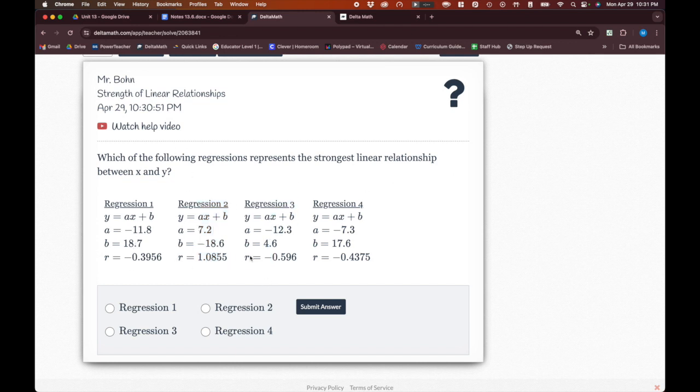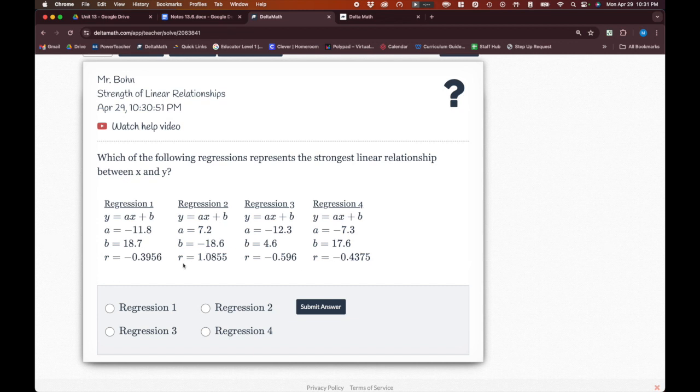So when I think of something that's really strong, I am looking for something that's either close to -1 or +1. And so I see something here, -3.9, or excuse me, -0.39. This one has -0.59, and this one has -0.43.